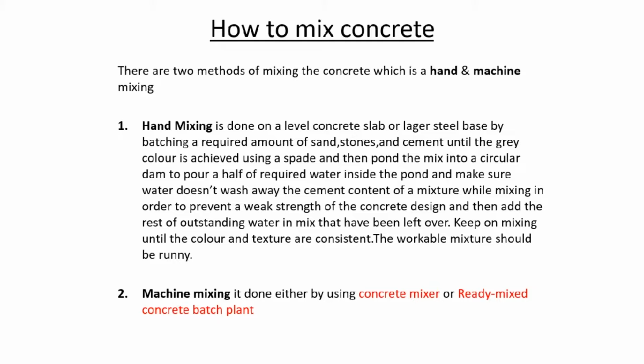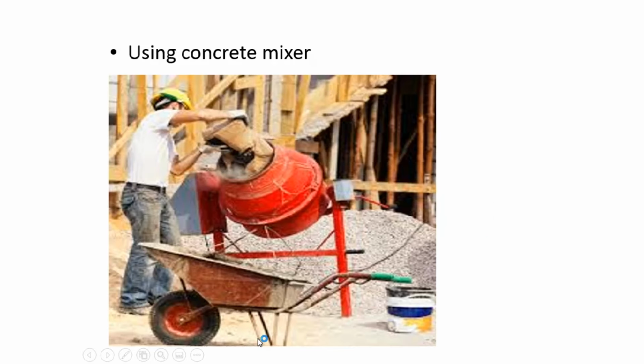Machine mix. As I've said, for machine mix there is a concrete mixer and a ready mix mixer. Here I've got the diagram of the concrete mixer. A concrete mixer is this type of equipment that has a drum that keeps on rotating while it's mixing. You use your wheelbarrow to gauge your material, which is your sand and stone, and throw it inside the drum while it's still turning.